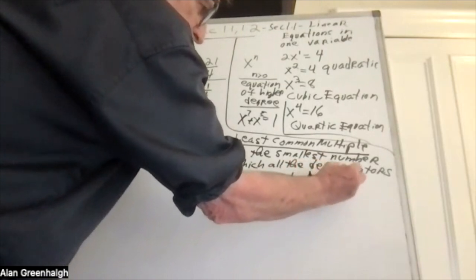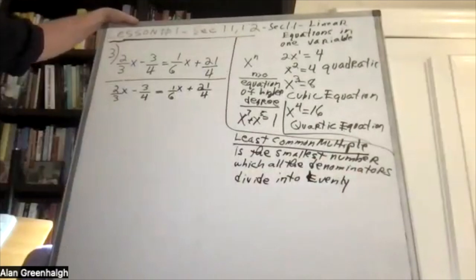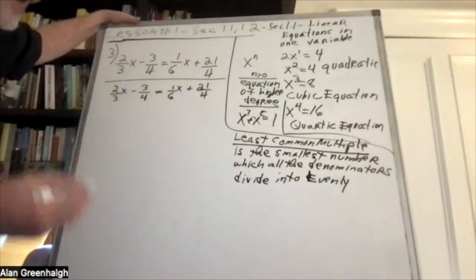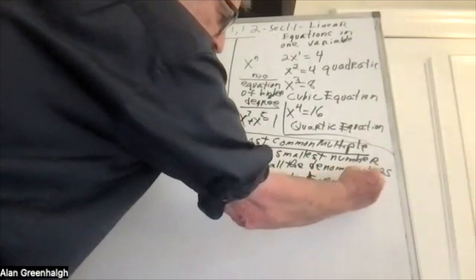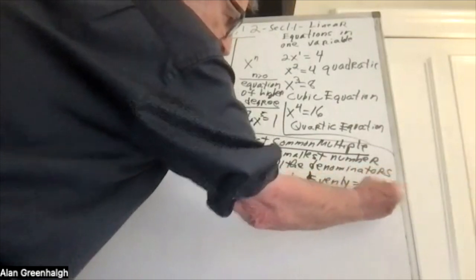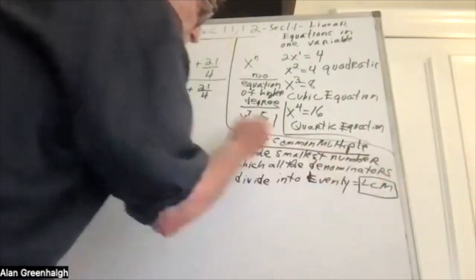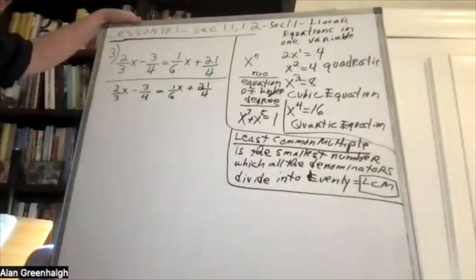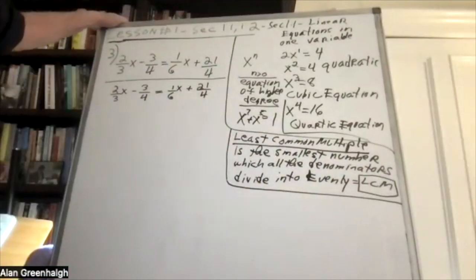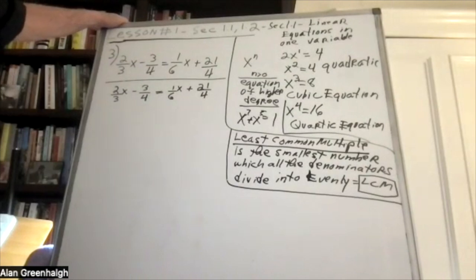By evenly, I don't mean that it has to come out to an even number. I mean that it's not going to have a remainder. This is called the LCM. It is very similar in concept to something called the least common denominator, which is abbreviated LCD. So it's very similar to that.